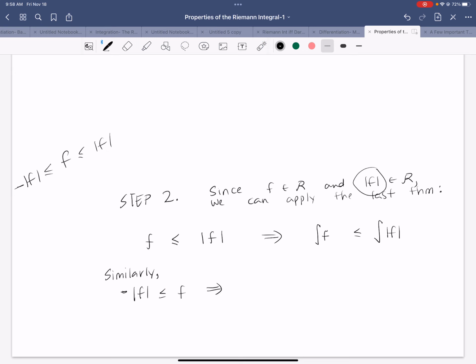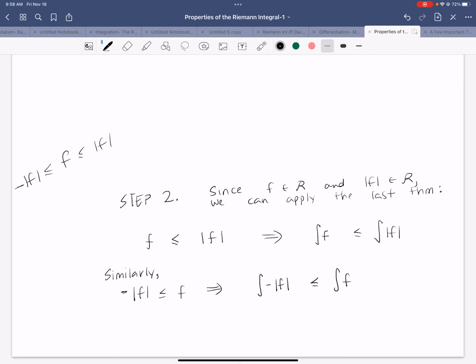If the absolute value of f is Riemann integrable, then multiplying it by a scalar, in other words, negative one, has to also be Riemann integrable. And so we can again apply the theorem to say that the integral of minus absolute value of f is going to be less than or equal to the integral of f.